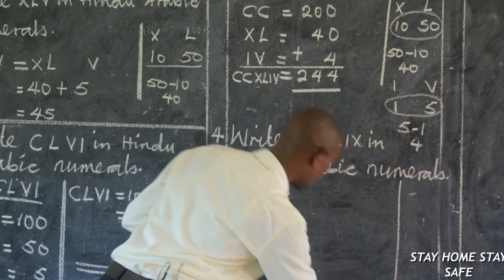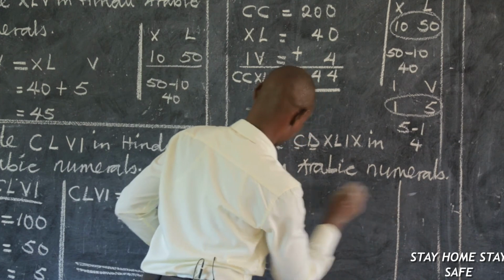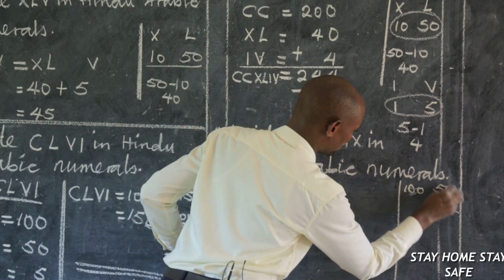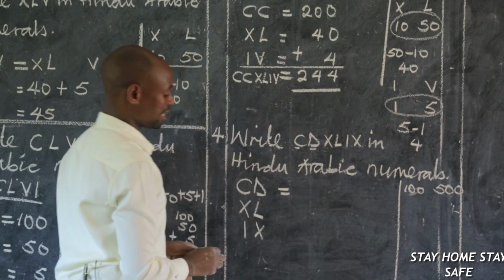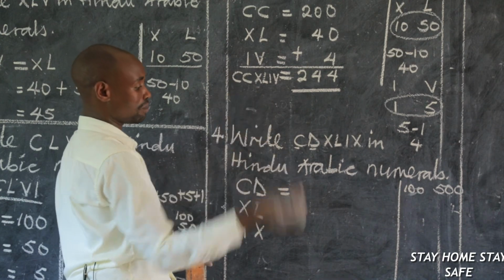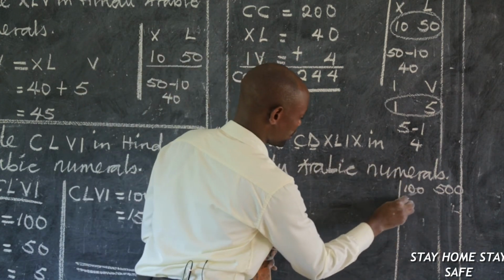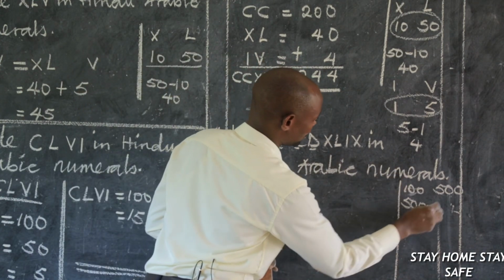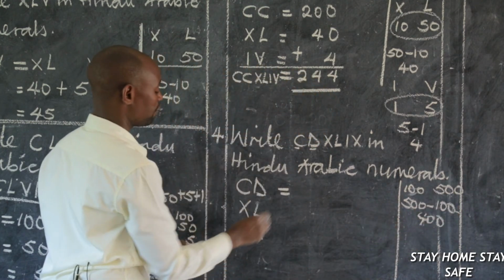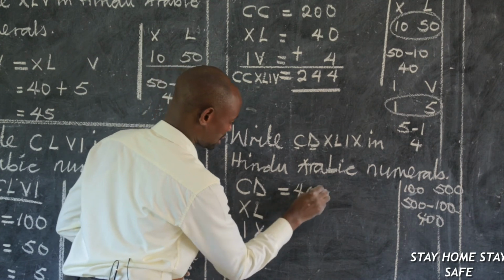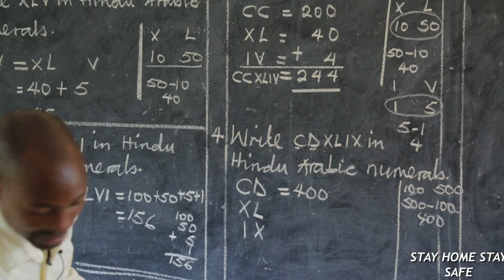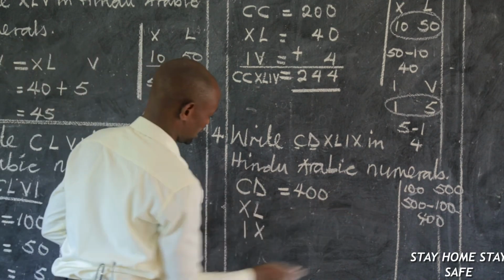On your side work here, C is 100. D is 500. Okay? And I have told you that where we have a smaller one at the beginning, just interchange and subtract. So it is 500 minus 100, which will give you 400. Therefore, CD, not that CD which you have at home, CD is going to give us 400.